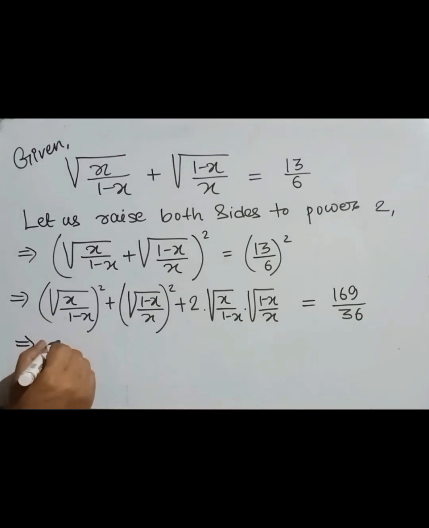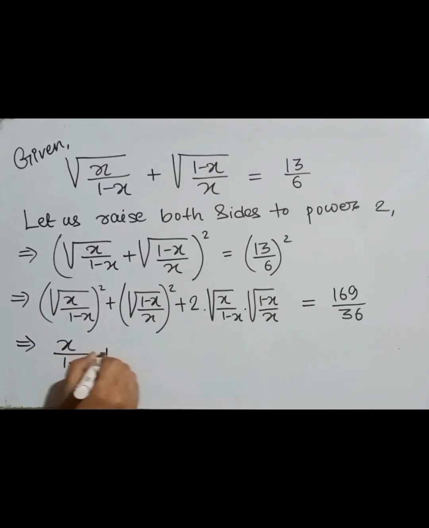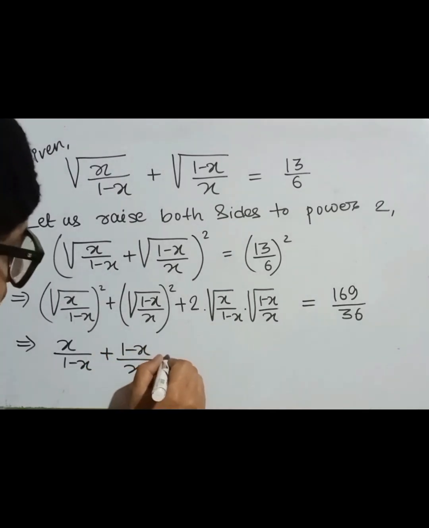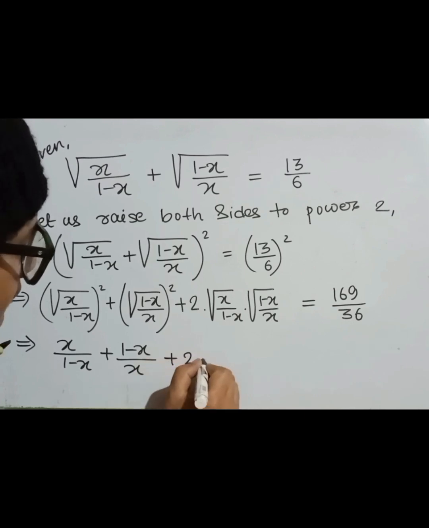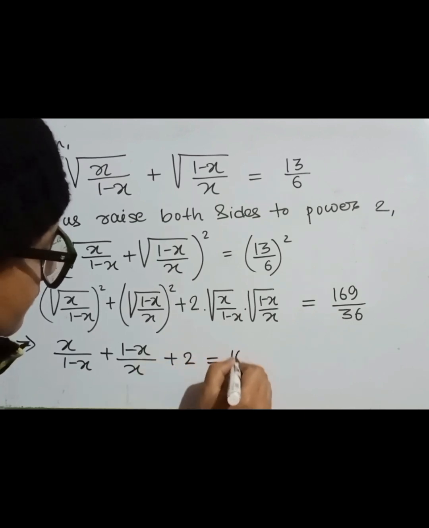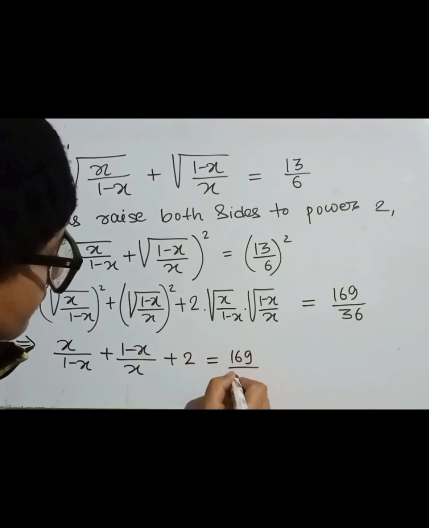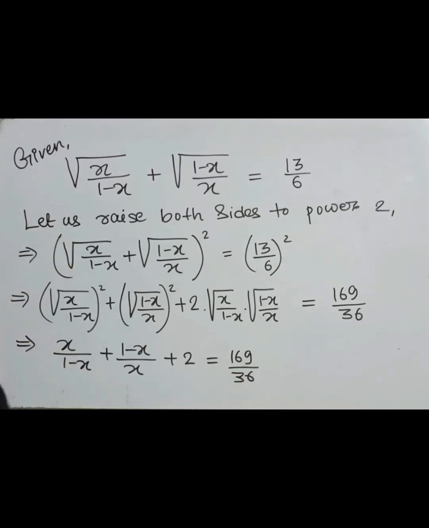Now let us write these values here. For the first term we can write x/(1−x), plus for the second term (1−x)/x, plus for the third term 2 into 1, which is equal to 2, and the right hand side 169/36.